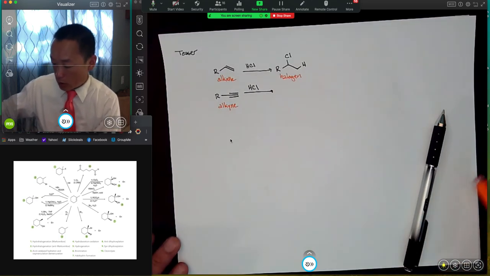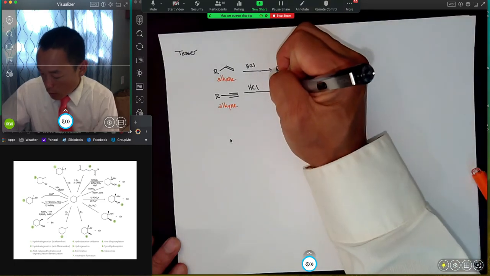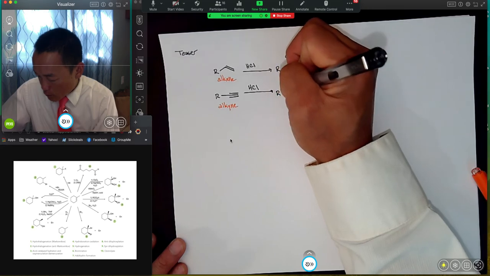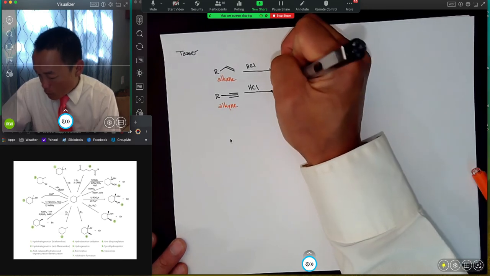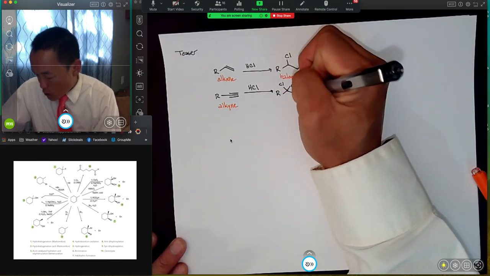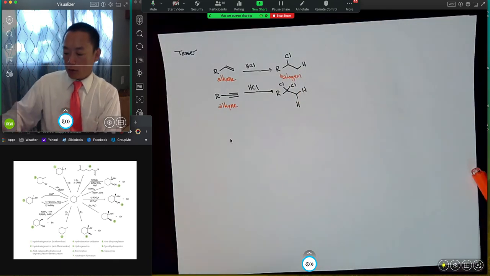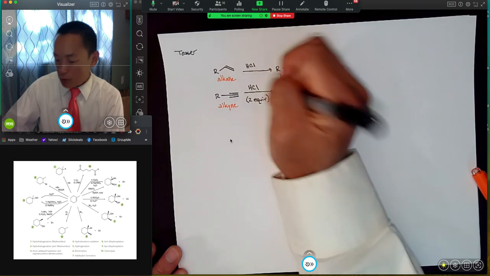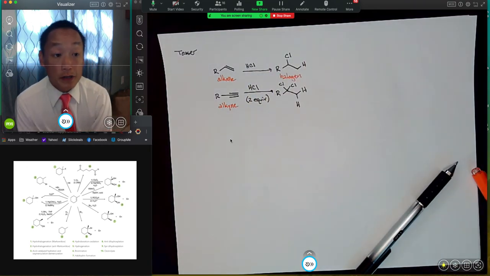And we can spoil this by acknowledging that at least two equivalents of HCl would be necessary in order to complete that reaction, because we have two double bonds.